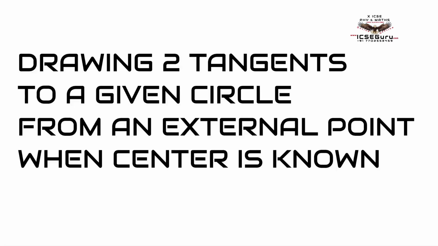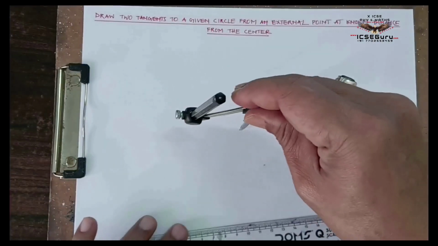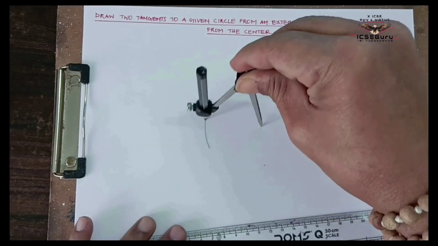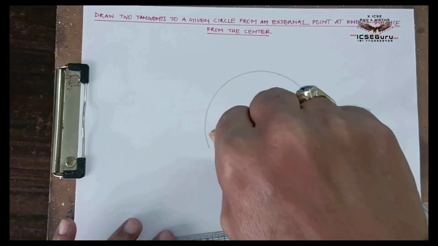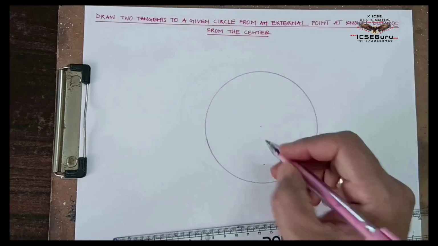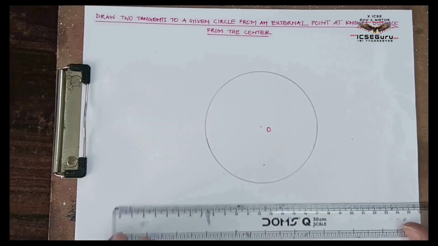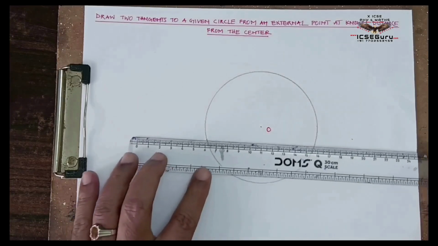To draw two tangents from a given external point to a circle when center is known, draw the circle with the given radius. Identify the center and mark it as O. Identify the external point P given.